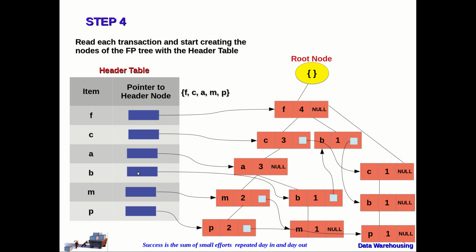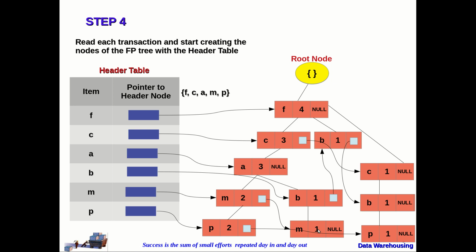So you can observe here from the header node, 1 plus 1, 2, 2 plus 1, 3. So 3 is the support count value for B. The same way for M, the frequency count will be 3, which is 2 plus 1. That is going to be 3.